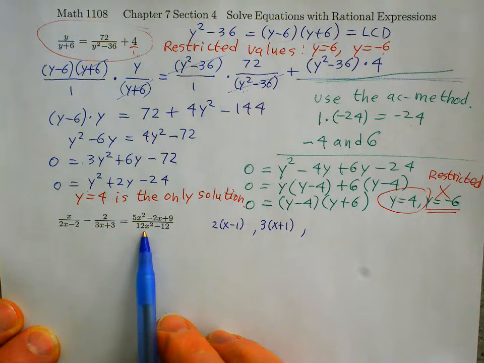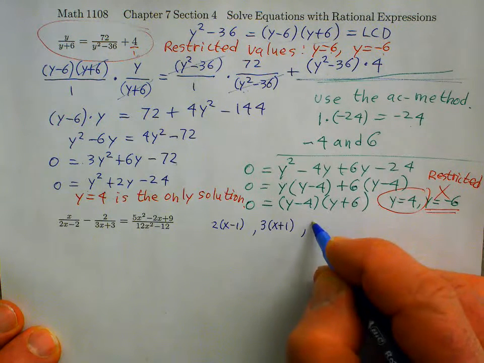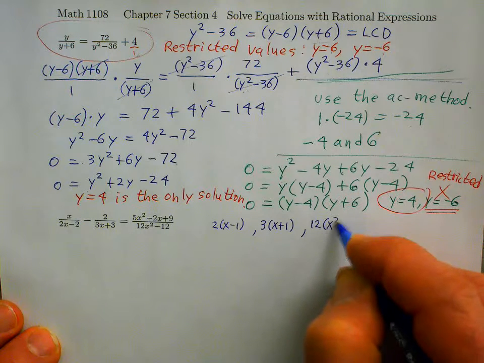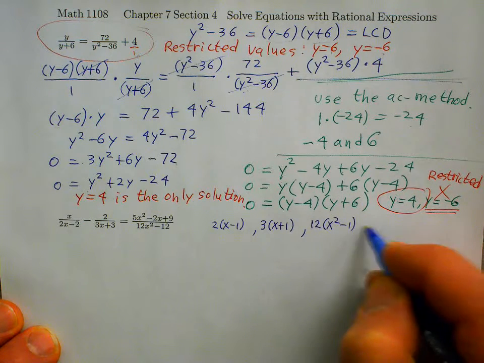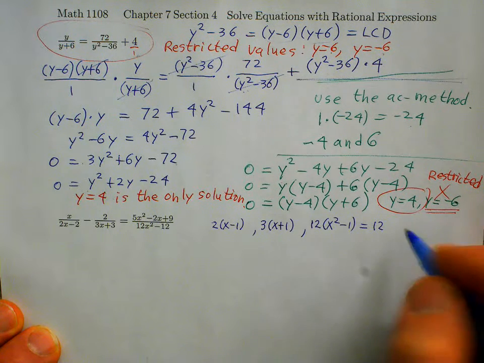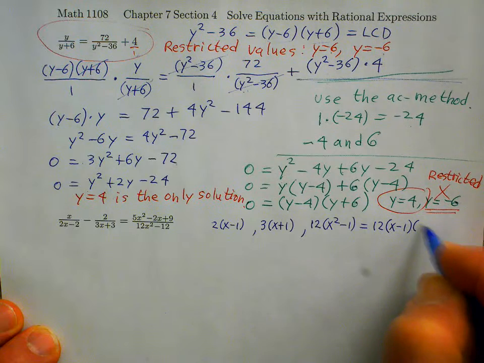The third denominator, 12x squared minus 12, if you factor 12 out, it's 12 times x squared minus 1. But you can factor x squared minus 1 to x minus 1 times x plus 1.